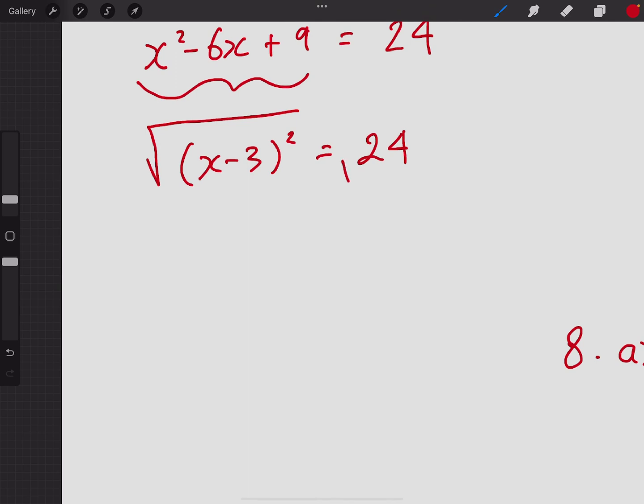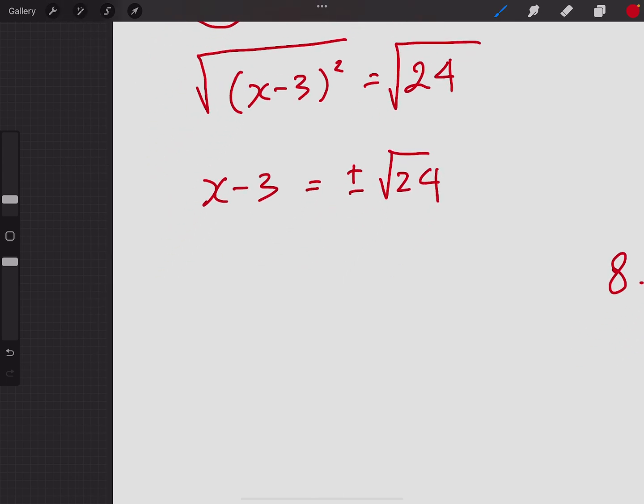I do square root of both sides. I'm going to have x minus 3 is equal to plus minus the square root of 24. Okay, I'm going to simplify this surd.